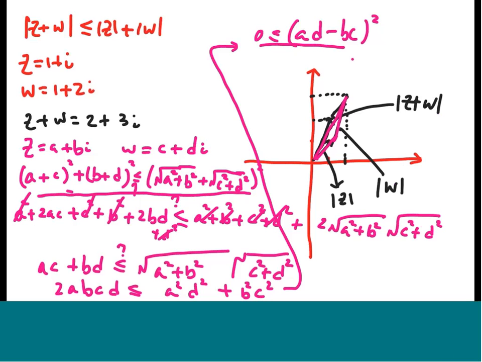Okay. Get it? So the most important thing is when the equality holds. Equality holds if and only if AD equals BC, right?